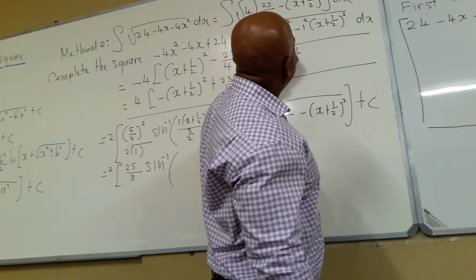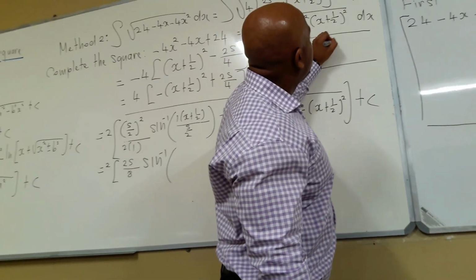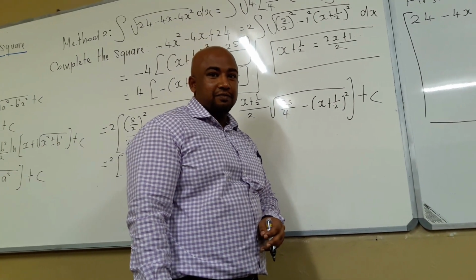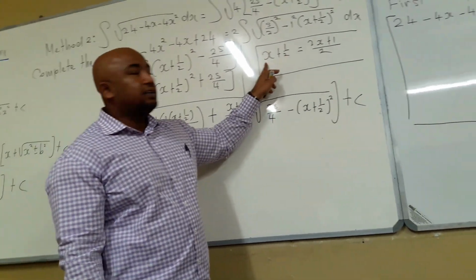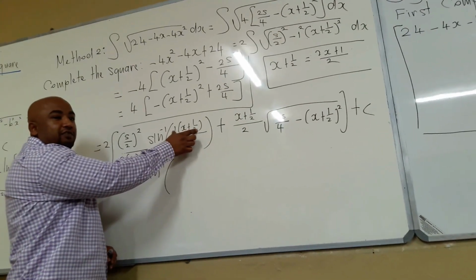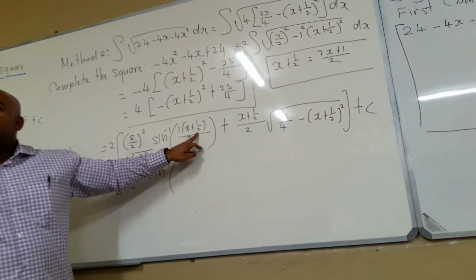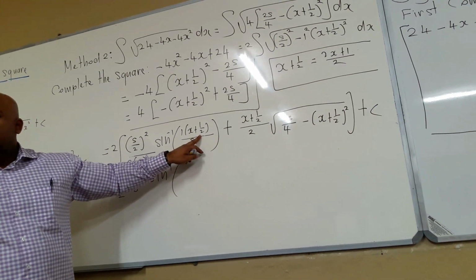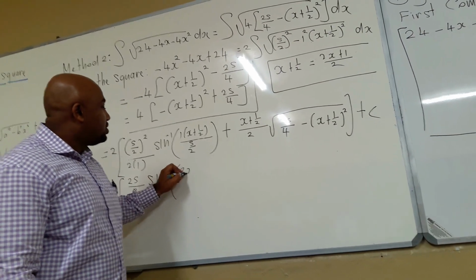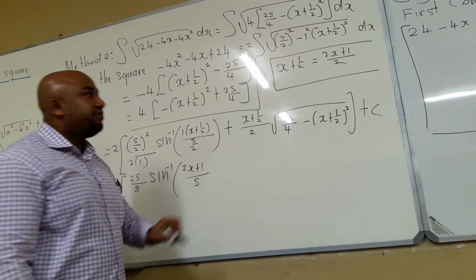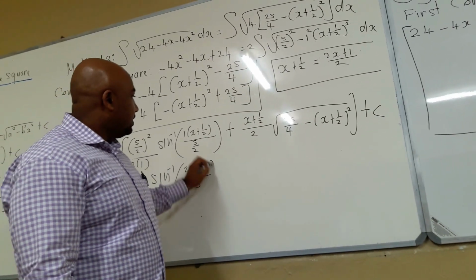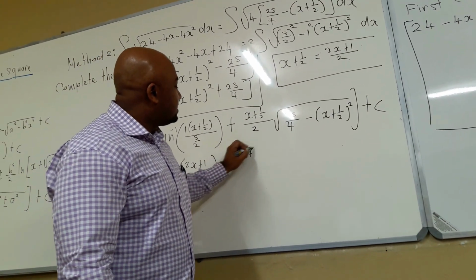X plus 1 over 2 is the same as 2x plus 1 all over 2. You follow? LCD of 2 there. So this is 2x plus 1 over 2. If I change the division sign to multiplication, you will end up with just 2x plus 1 over 5 because the 2 and 2 will cancel. Okay. Here I'm just going to leave it as it is.